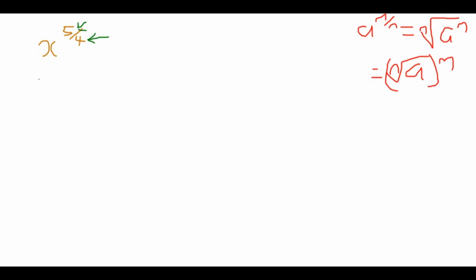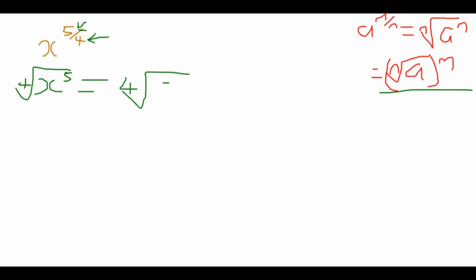So what you are going to have is the fourth root of x to the power of 5. Or you can choose to write it in this form. So you have the fourth root of x, all in brackets, to the power of 5. So here is your answer.